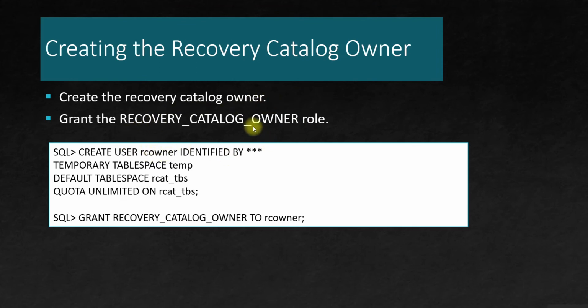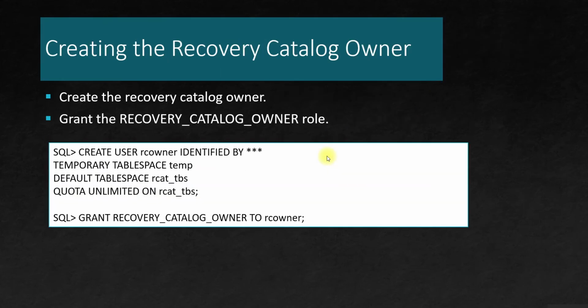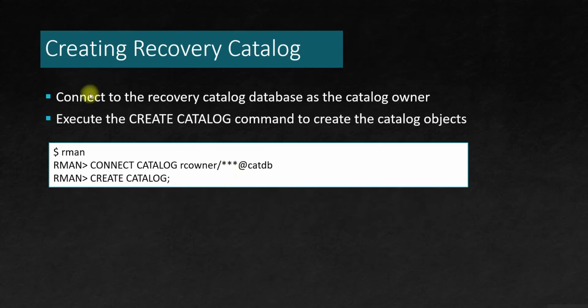Wherever your recovery catalog database is sitting, you need to connect to that database using that particular owner, which has the recovery catalog owner role. Connect to that and execute the create catalog command to create the catalog objects, including the tables.